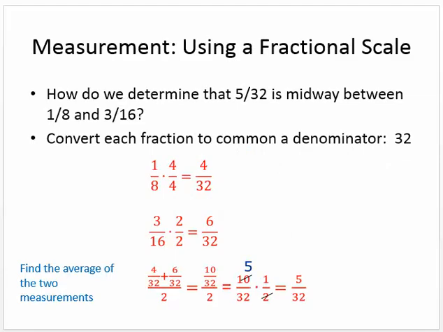Measurement using a fractional scale. How do we determine 5/32 is midway between 1/8 and 3/16? Well, what they do is they convert each fraction to a common denominator of 32. Notice they go up to the next biggest unit.